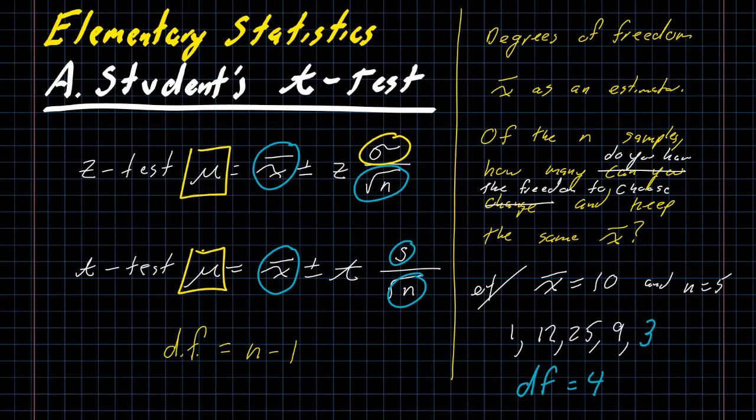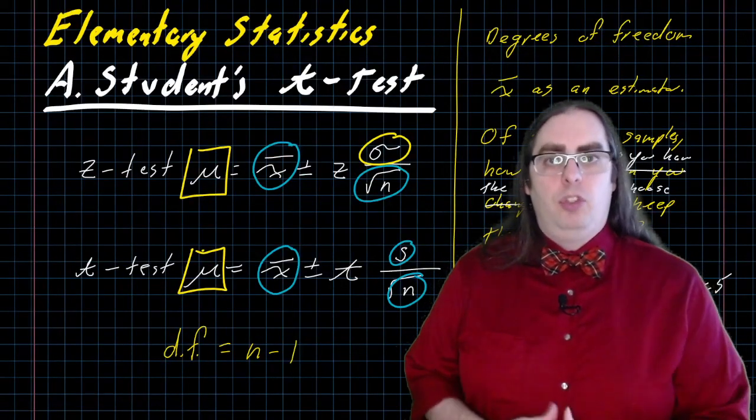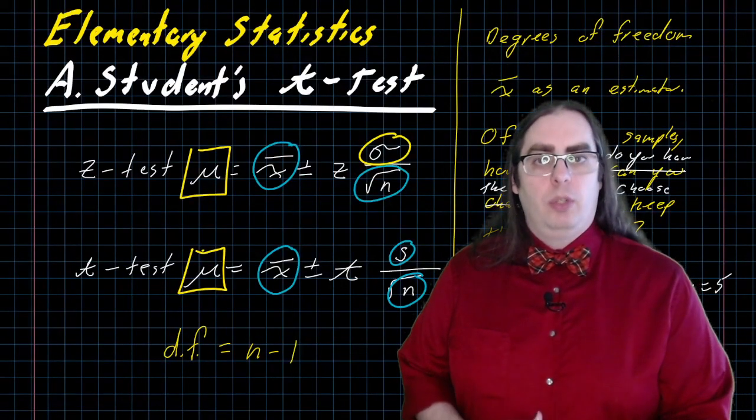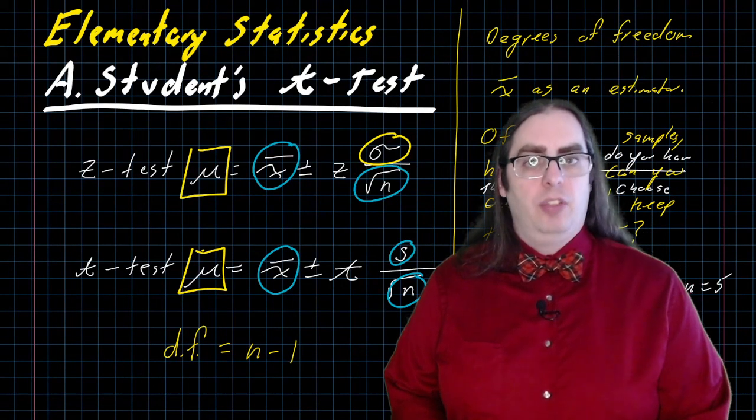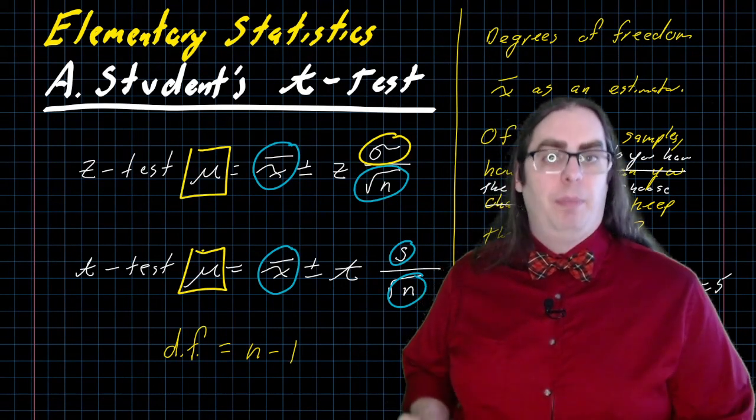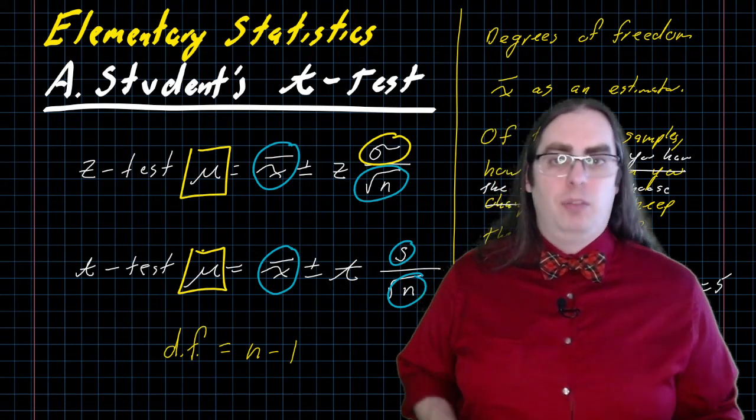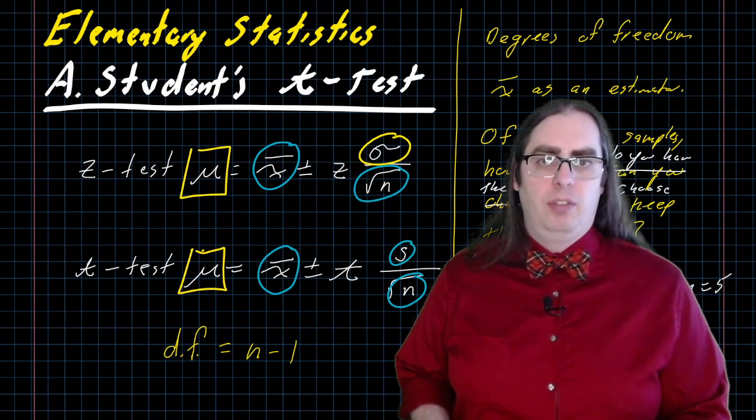There are other tests that you can do with the student t-distribution where the degree of freedom will change. But for this one, the degree of freedom is always n minus 1. The fact that there are other tests you can do where the degrees of freedom calculation changes is why we call it something different. In another test, we would have a different way of calculating this.